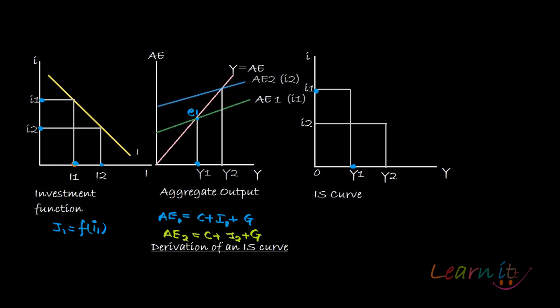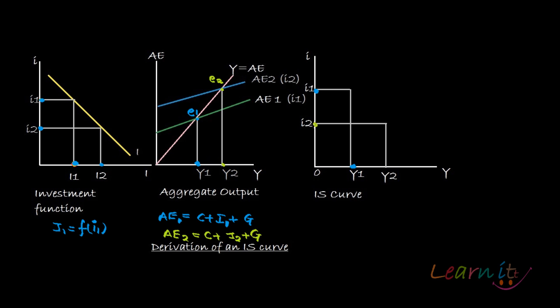So aggregate expenditures would increase, and the level of output would also increase from Y1 to Y2. So lower interest rates have generated higher investment, and this has generated a higher level of output. In short, this level of interest rate corresponds to a higher level of output.